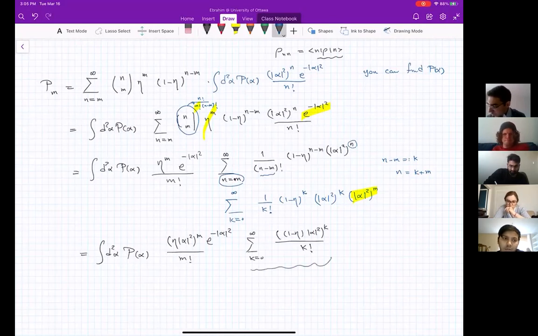Who knows what is the result of this summation? It's an exponential. Exactly. So this is nothing more than the exponential of (1 minus eta)|alpha|^2. Do you agree? Good. Excellent. So this is the result of this summation.